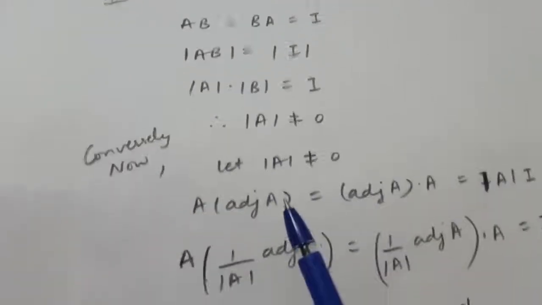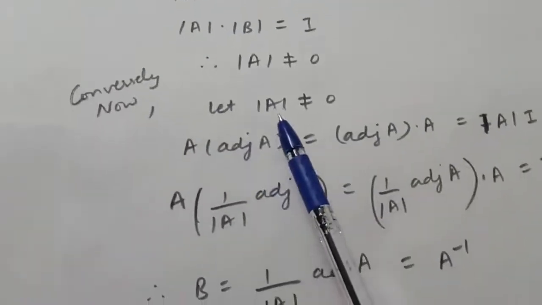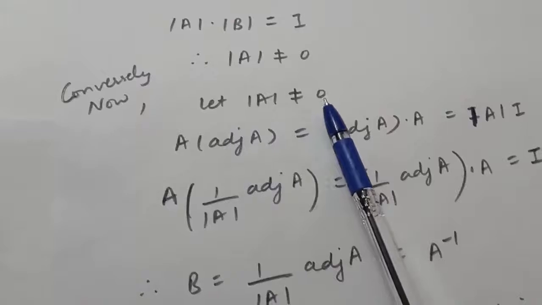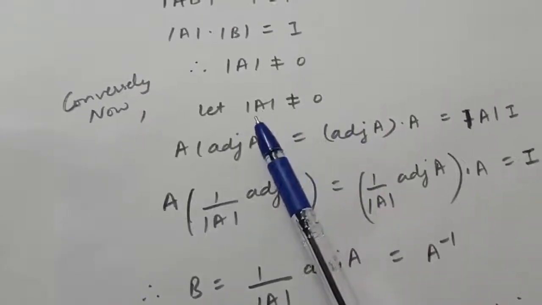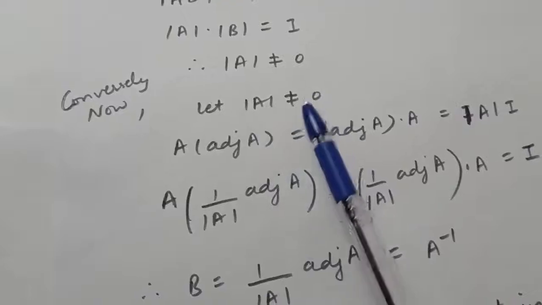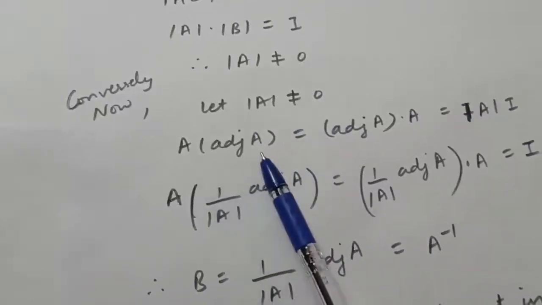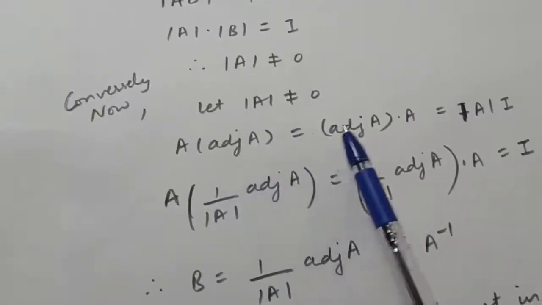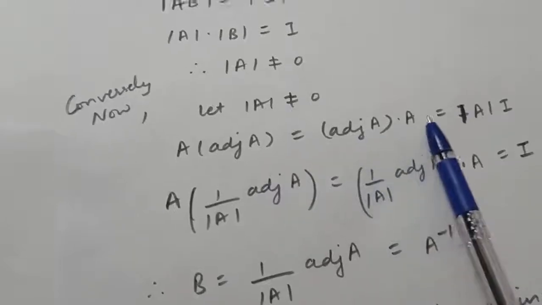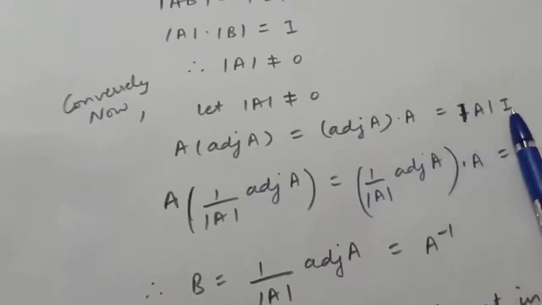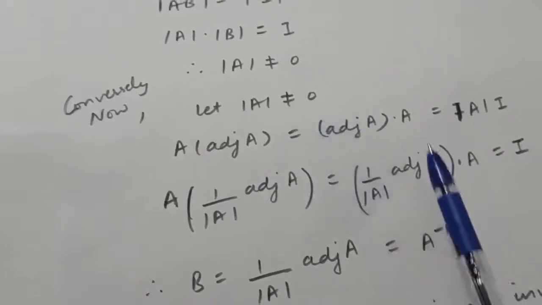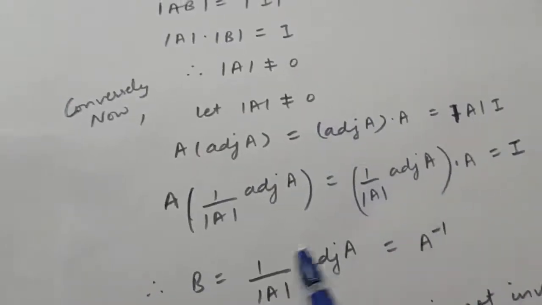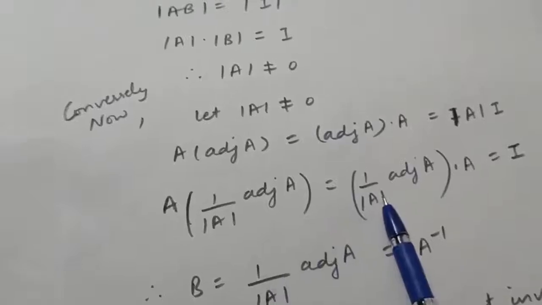Now we will prove it conversely, that if determinant of A is not equal to 0, then A is invertible. Because this is not equal to 0, and also we know A into adjoint A is equal to adjoint A into A is equal to determinant of A into I. Now because determinant of A is not equal to 0, we can take it in the denominator, right?